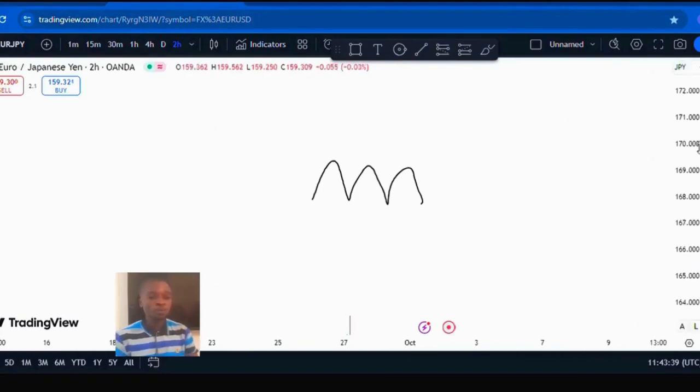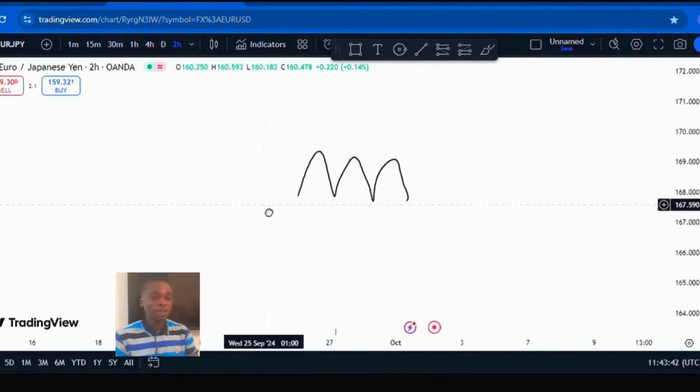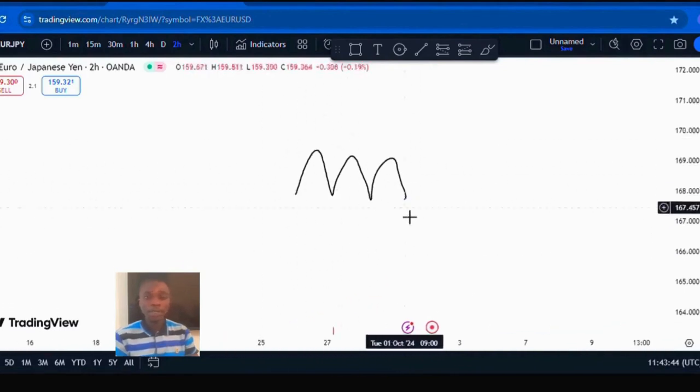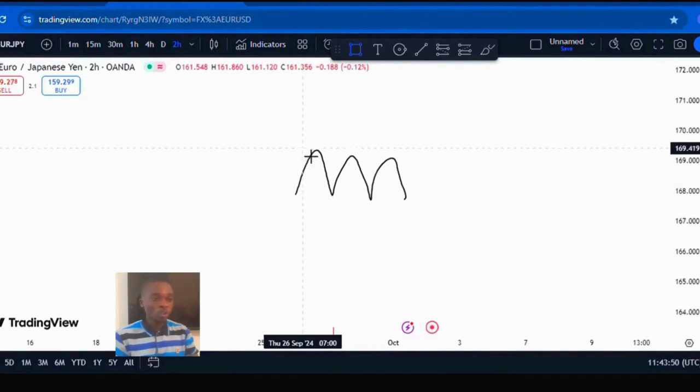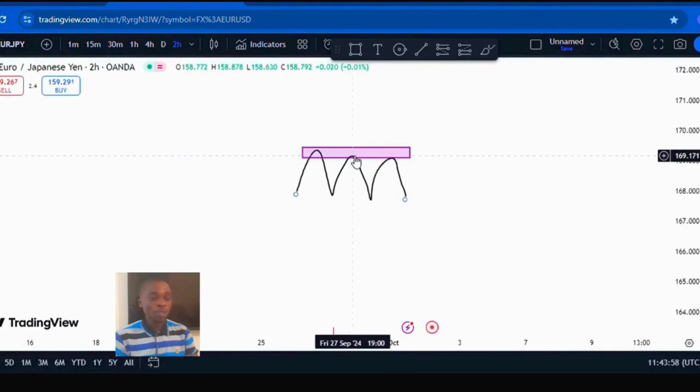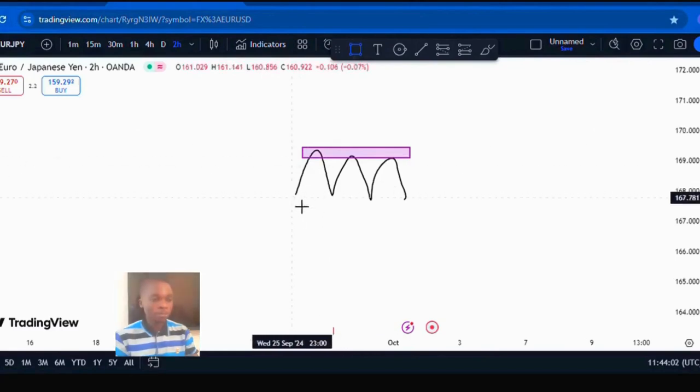As you all may know, support and resistance basically looks like this. The one that you all know, at this point, the resistance and the support are of the same level. You can see that.